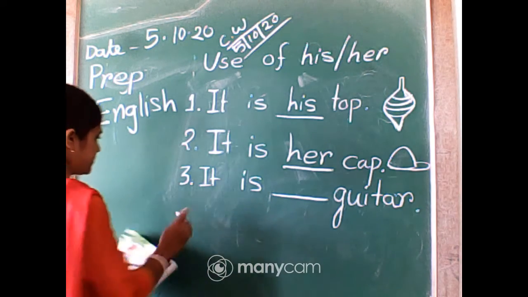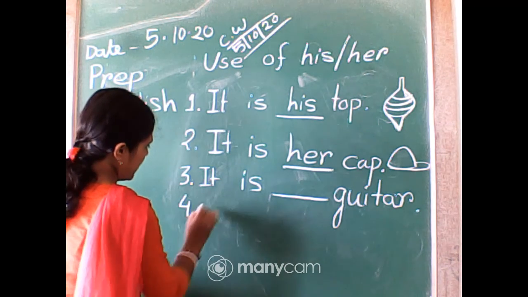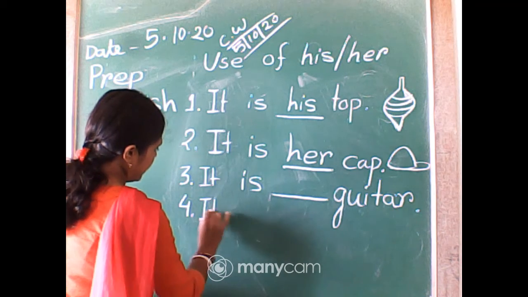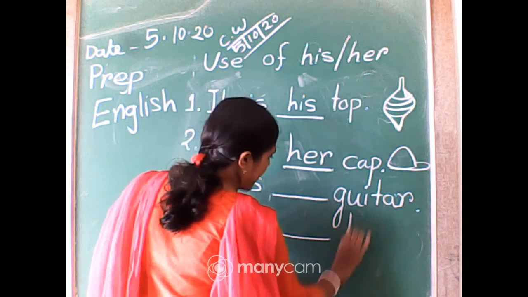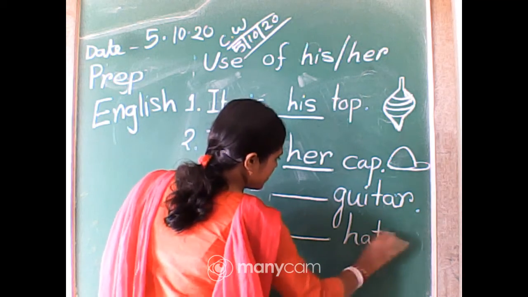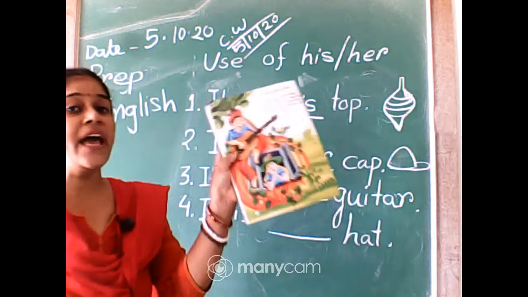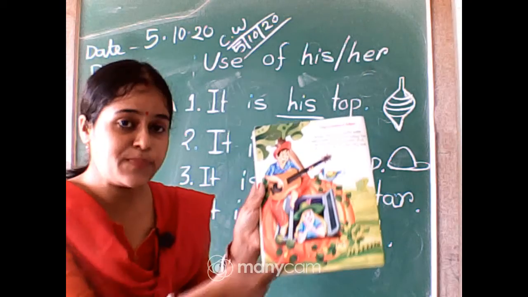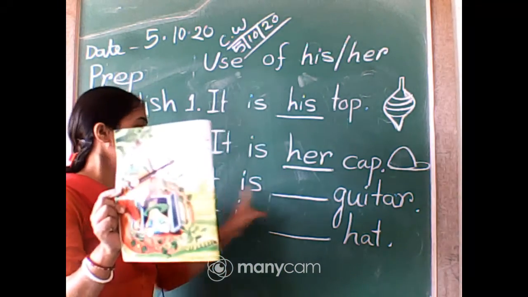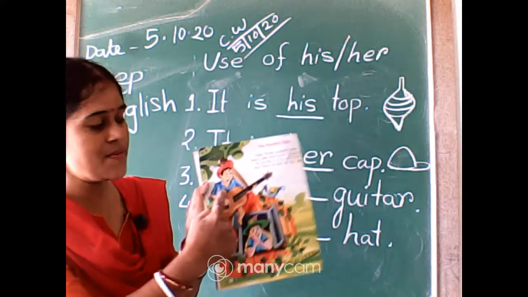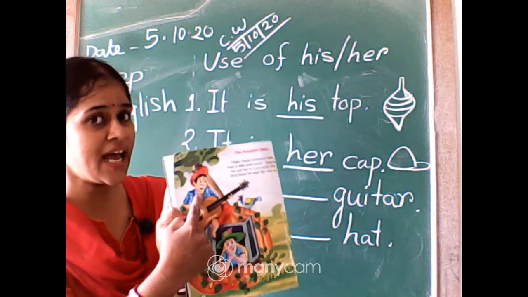Next, number 4. It is dash hat. Okay, with the help of this picture, you write down the answer. Who has the guitar? Peter has the guitar.